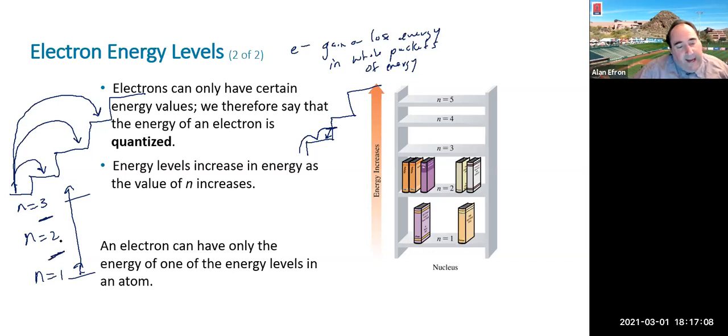It will either gain enough energy to get there, or it will lose enough energy to come back down energy levels. Again, we won't find electrons hanging out saying, I don't really want to get to the 4th energy level, but I don't want to stay on the 3rd energy level, I'm just going to hang out in between. So that's what it means by quantized energy.